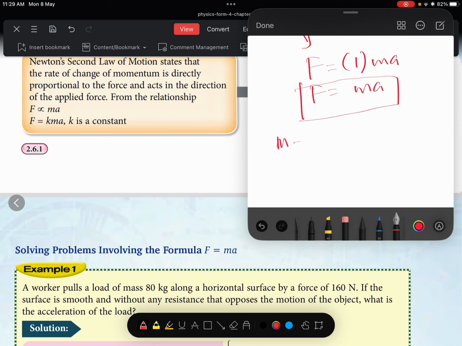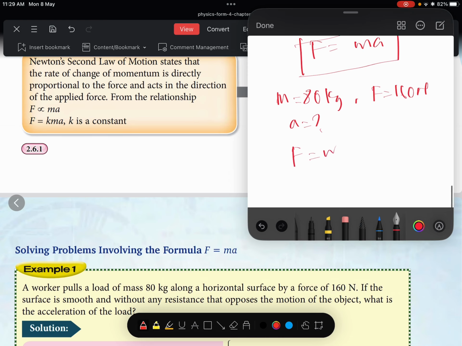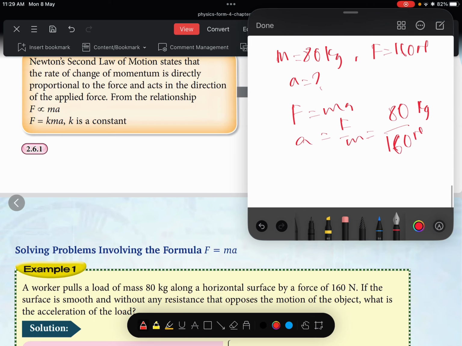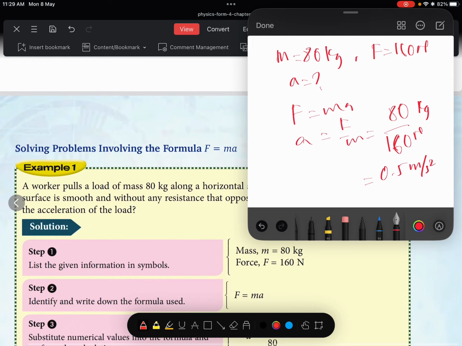Mass is 80 kg, force is 160 Newton, and the question is, what is a? F equals ma, so a equals F over m. Mass is 80 divided by 160 Newton, so the answer is 0.5 meter per second squared.